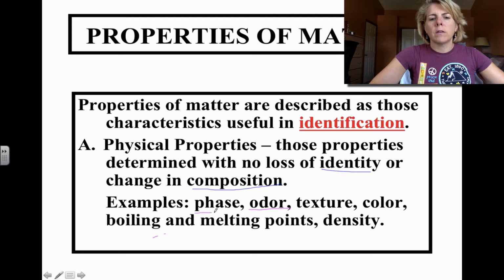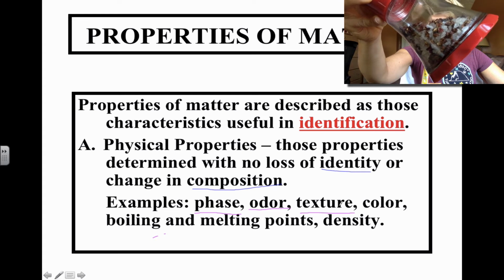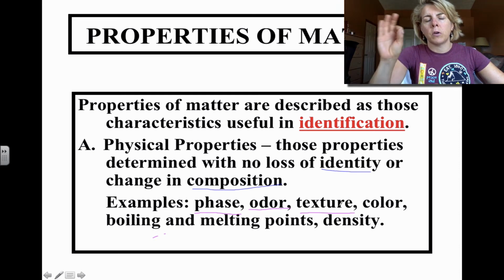Also the phase. So is it a solid, a liquid, or a gas? Then you might notice that there's a certain texture that you can describe with the property. For instance, with salt, remember I was talking about the Szechuan pepper salt, the salt crystals have a certain texture or a certain design to them.